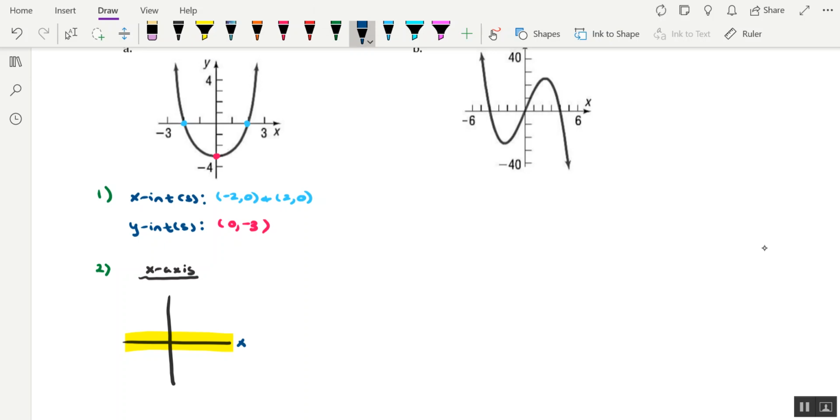Now, using the graph above, I'd like to take a look at the pieces that are above the x-axis. And here's the technique. We're going to sketch out the reflected version of these two pieces.